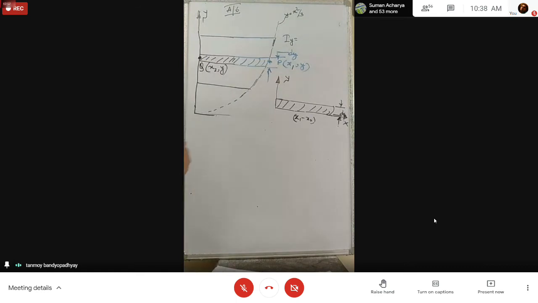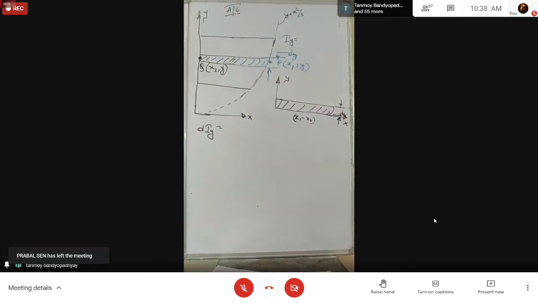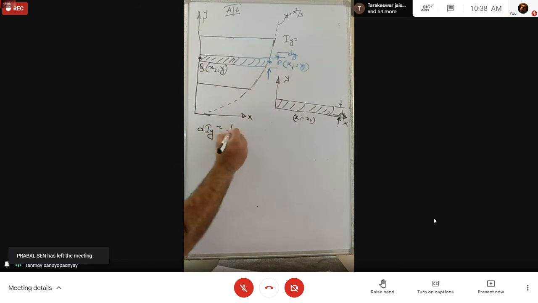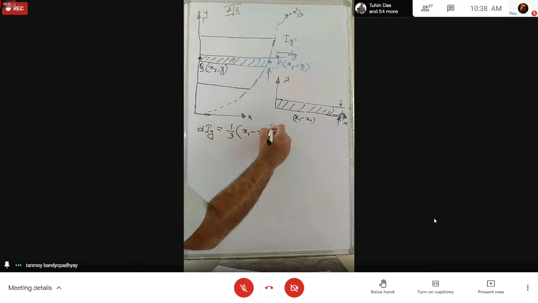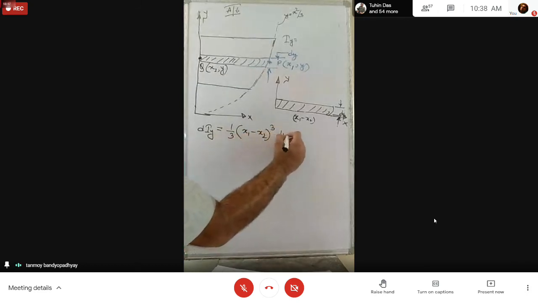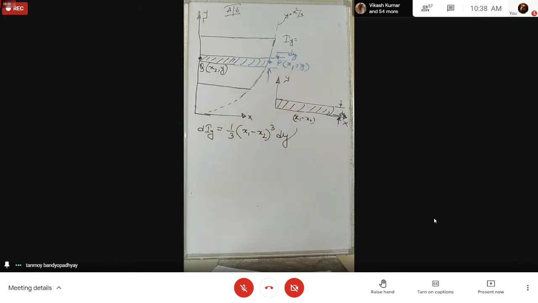So dIY for this elemental area should be equal to 1/3 into b h cube, that is, 1/3 into (x1 minus x2) whole cube into dy. Understood?